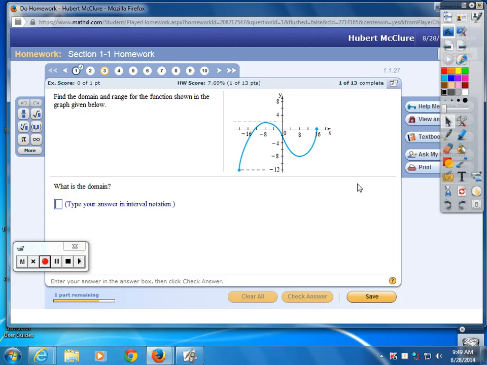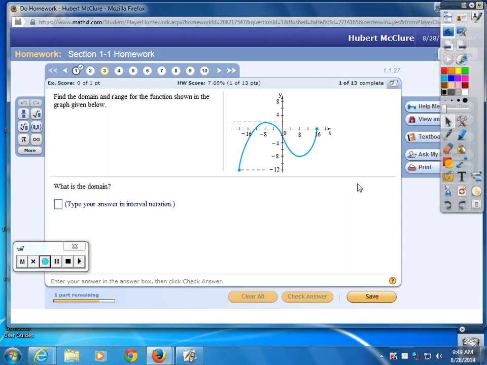Now, what x values are being used for this function? Negative what? Let's see, that's 8. What would that be? 0, 4, 8, 12, 16, what? Or 20, wouldn't it? It's negative 20. These are 4s, aren't they? 4, 8, 12, 16, 20.